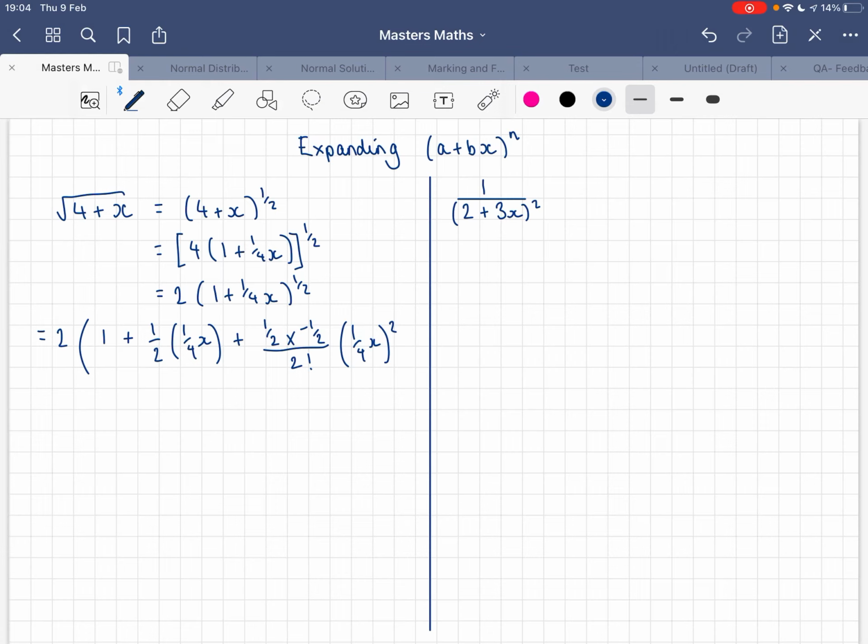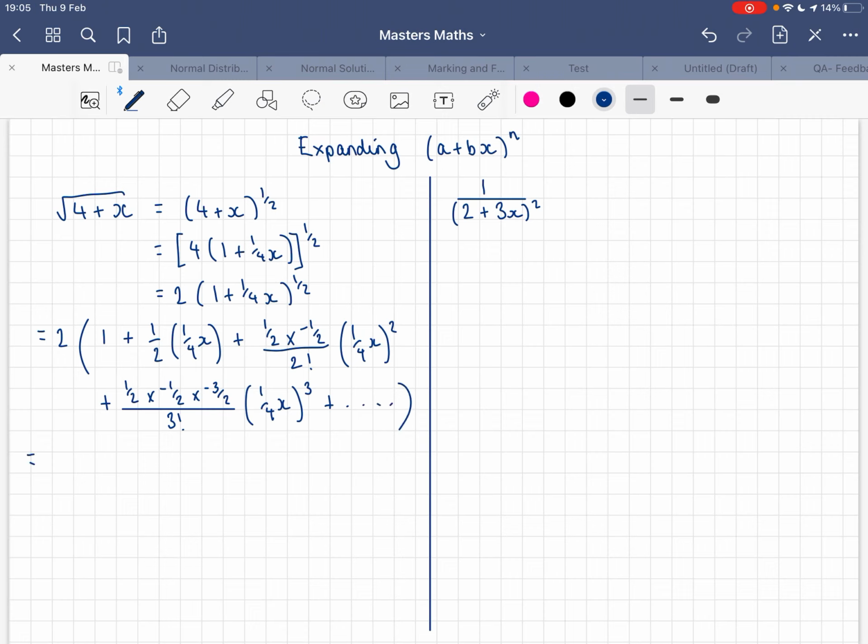We'll do the first 4. So the fourth term would be a half times minus a half times minus 3 over 2, all over 3 factorial, multiplied by a quarter x cubed. And again, don't forget to cube the quarter as well. Okay, and then that could continue for infinity if we wanted it to.